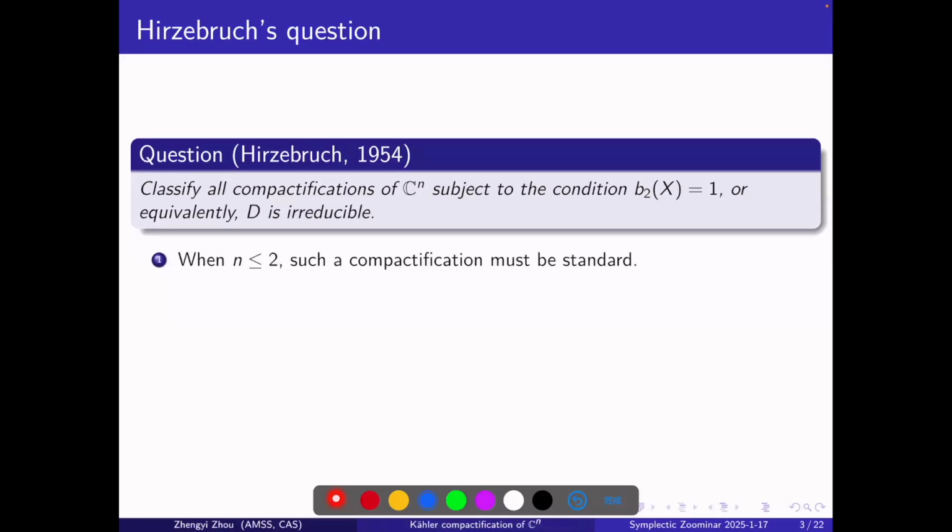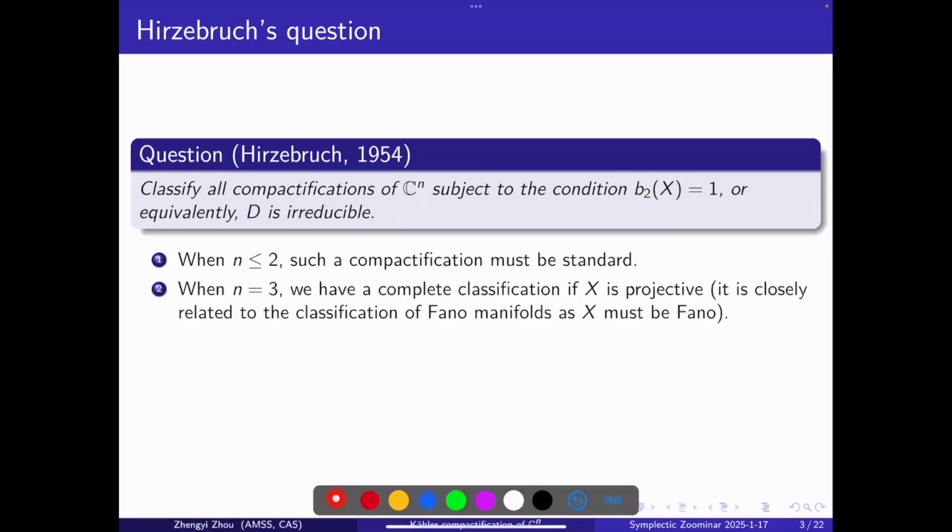Sorry, I didn't say this yet, but when the dimension is small, with this condition that D is irreducible, all the compactifications are standard. And when n is 3, we also have a complete classification of all such compactifications. The reason is you can show that X is always Fano. This is true for all dimensions.